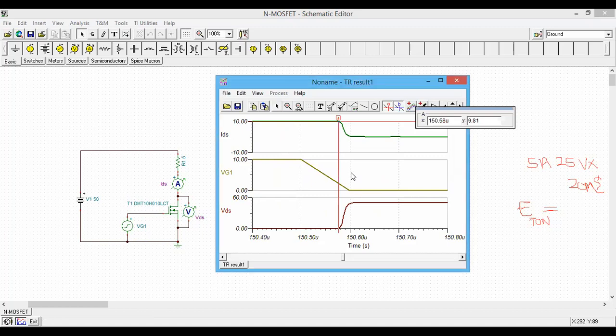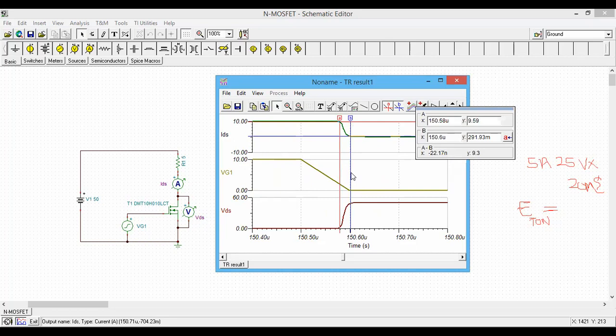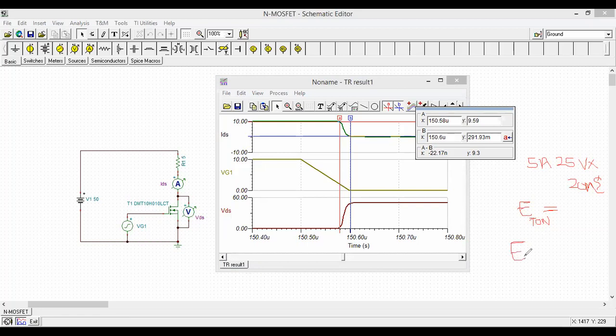So this time duration is around 22.17 nanoseconds. So the turn off time should again be calculated. The energy loss at T off is the average current times the same values times 22.17 nanoseconds.